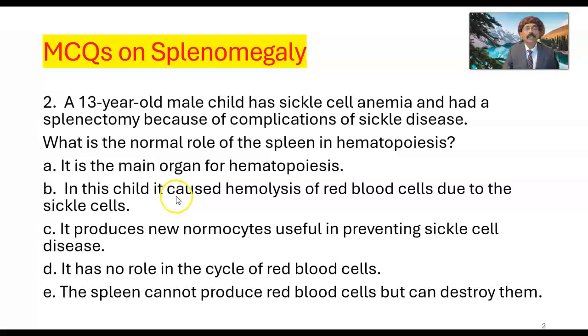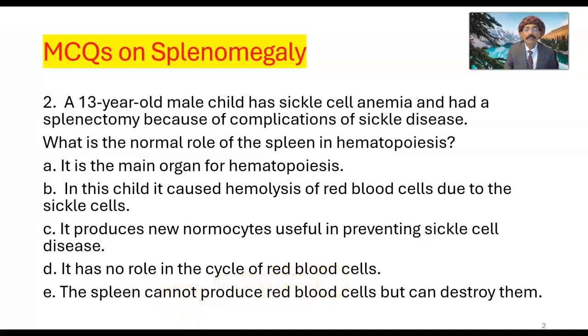B. In this child, it caused hemolysis of red blood cells due to sickle cell. That is a possibility, good possibility. C. It produces new normocytes useful in preventing sickle cell disease. Is it correct? No. D. It has no role in the cycle of red blood cell.